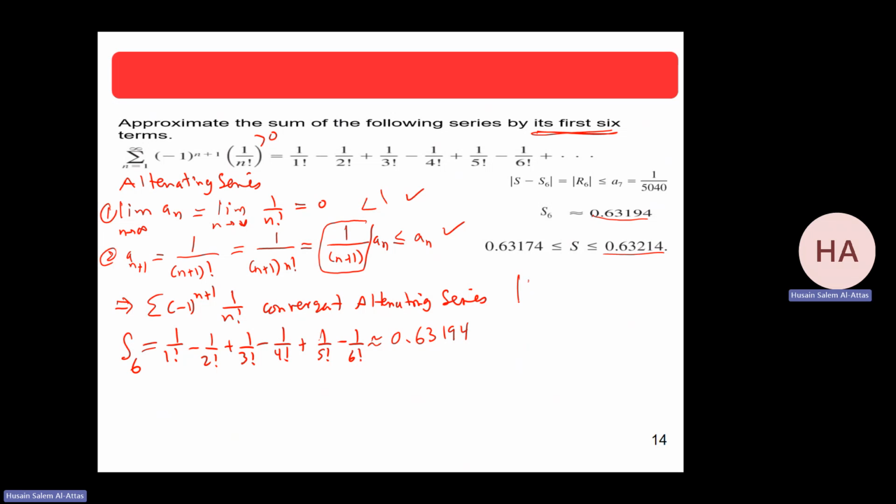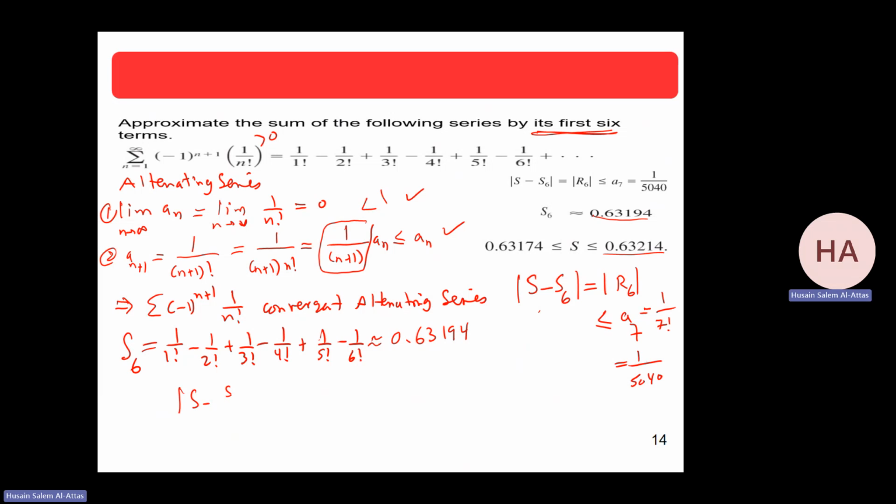Now the theorem is saying S minus S6, which is R6, the difference, is less than or equal to a7. What is a7? 1 over 7 factorial, which is 1 over 5040. You need the calculator for sure.